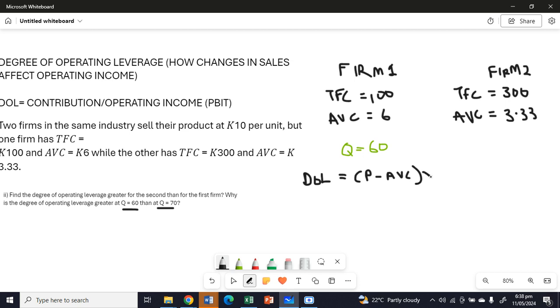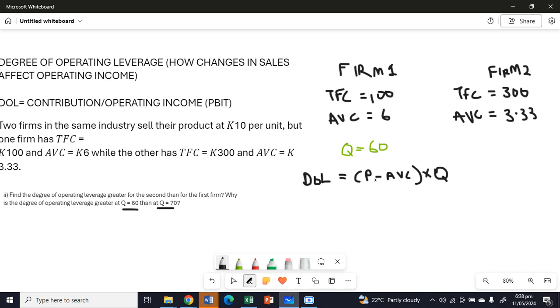Then if you want to get the overall contribution, you multiply it by the quantity. Okay. This which I've written here is the contribution, right? This is how this formula has come about. The selling price per unit minus the average variable cost per unit gives you the contribution per unit.